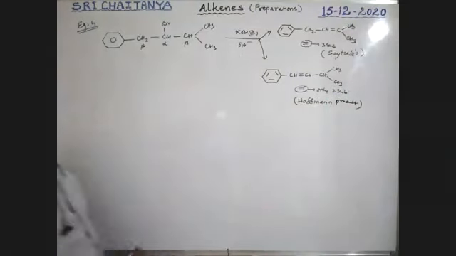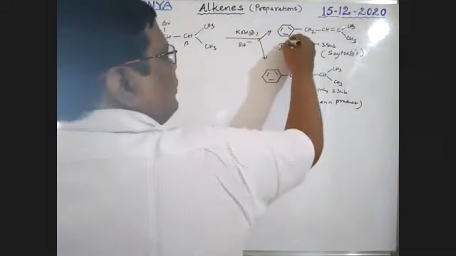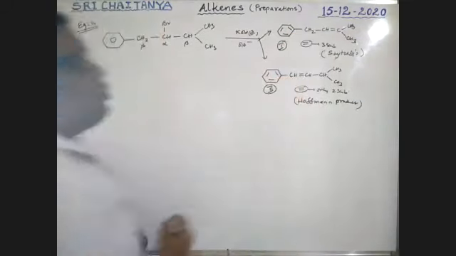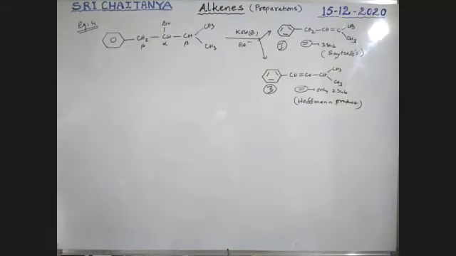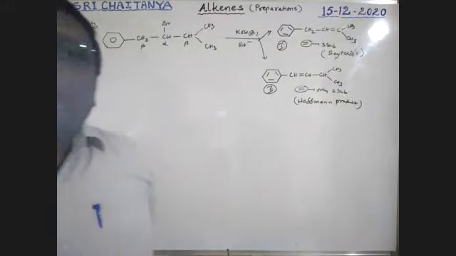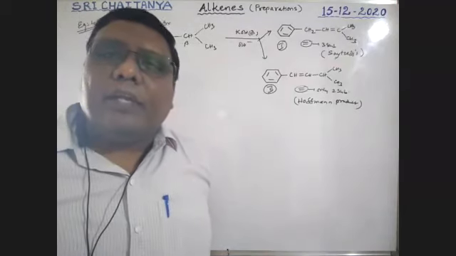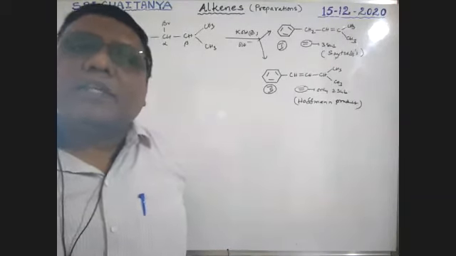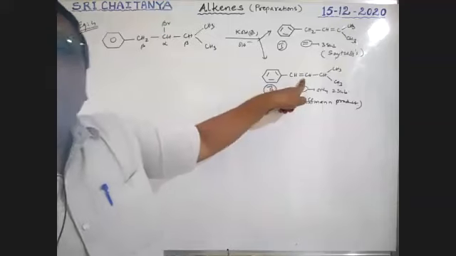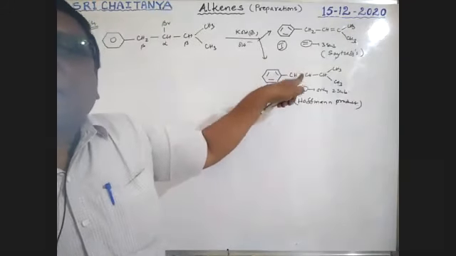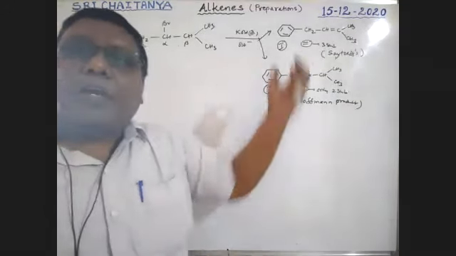Tell me, among the Saytzeff and Hoffman, the first one or the second one, which one is more predominant, boys? Which one has more yield? Yes. Wherever conjugation is there, because of that conjugation, stability abnormally increases.